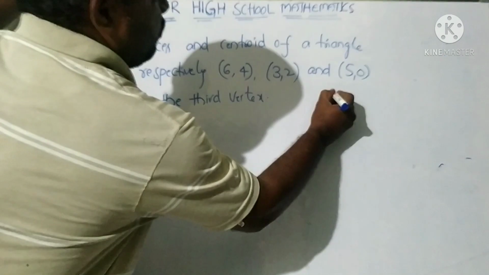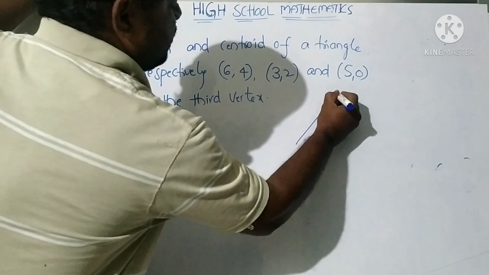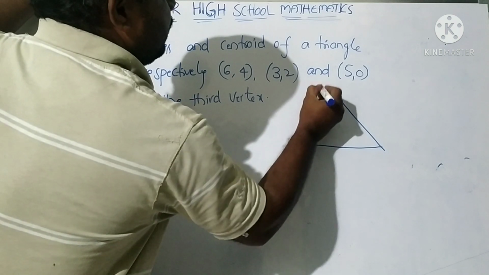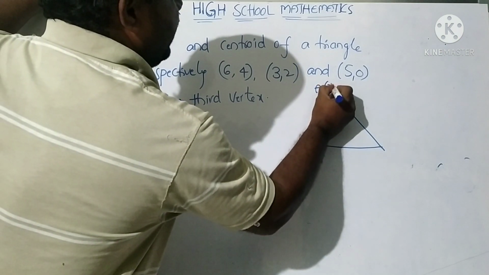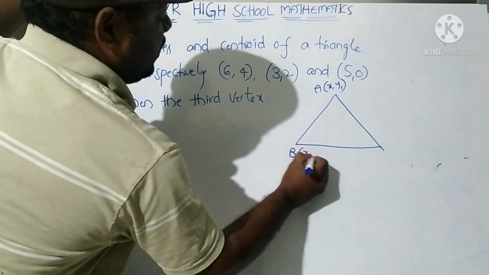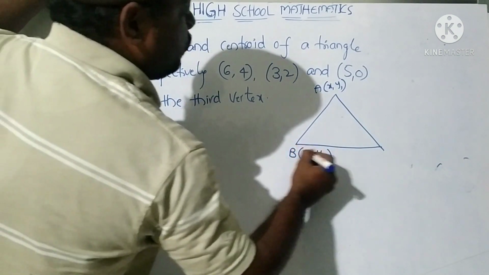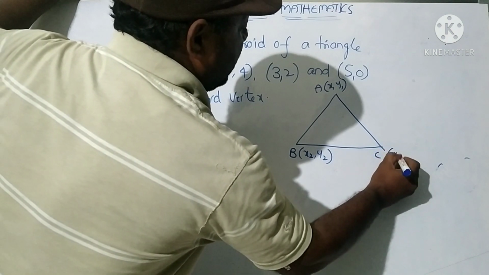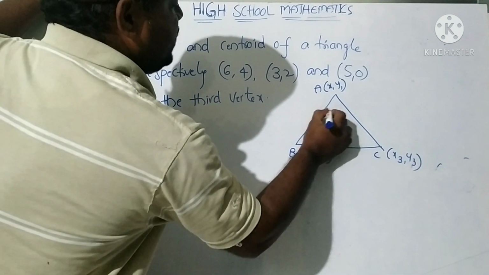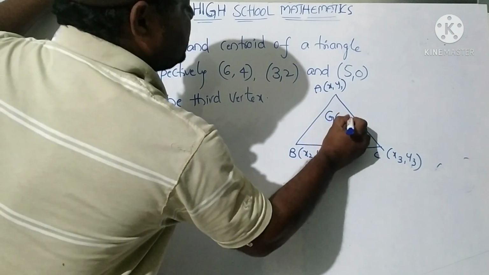Observe here: point A is x1 comma y1, point B is x2 comma y2, and point C is x3 comma y3. The centroid G is, suppose, x comma y.